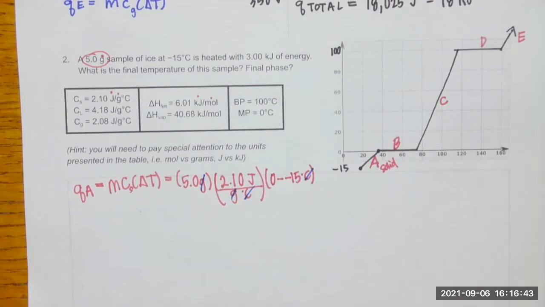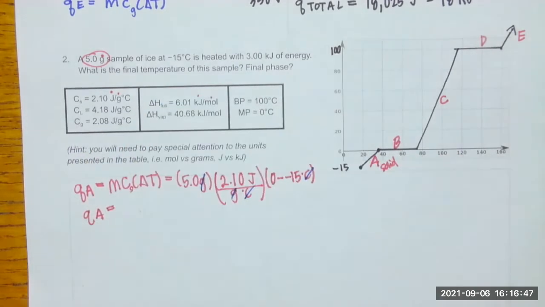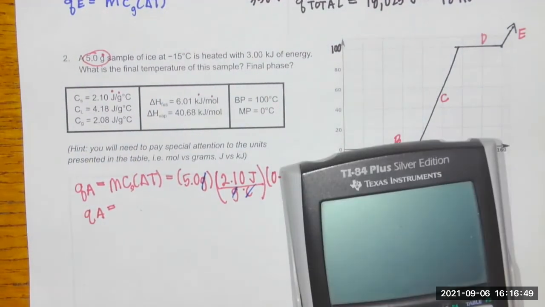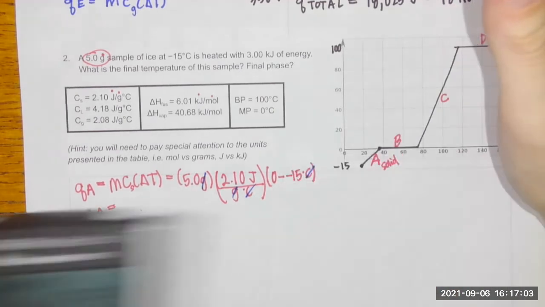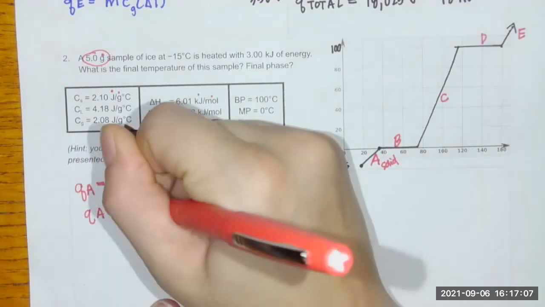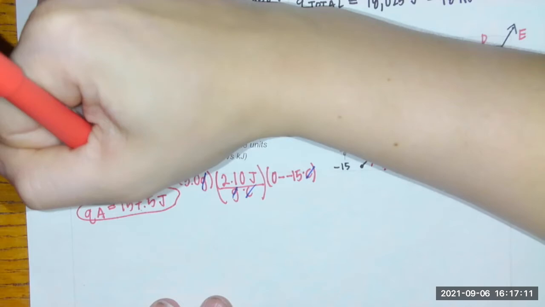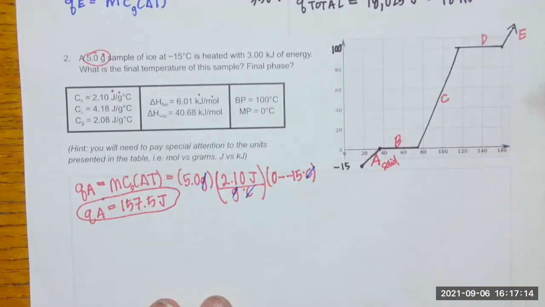So my Q of section A appears to be 157.5 joules. That's how much energy to get just the first diagonal bit.